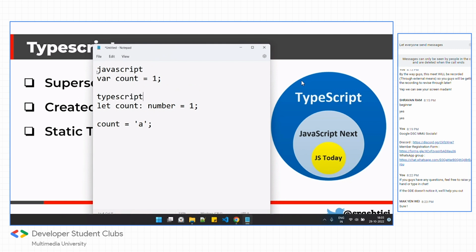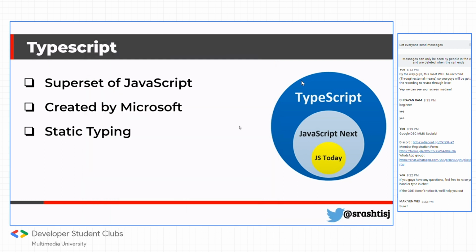Okay, so static typing is something like that, right? Also, JavaScript doesn't follow the concept of OOPS, object oriented programming, but TypeScript does. So you can use a lot of classes, interfaces, and all those things over here, which helps us a lot while writing.